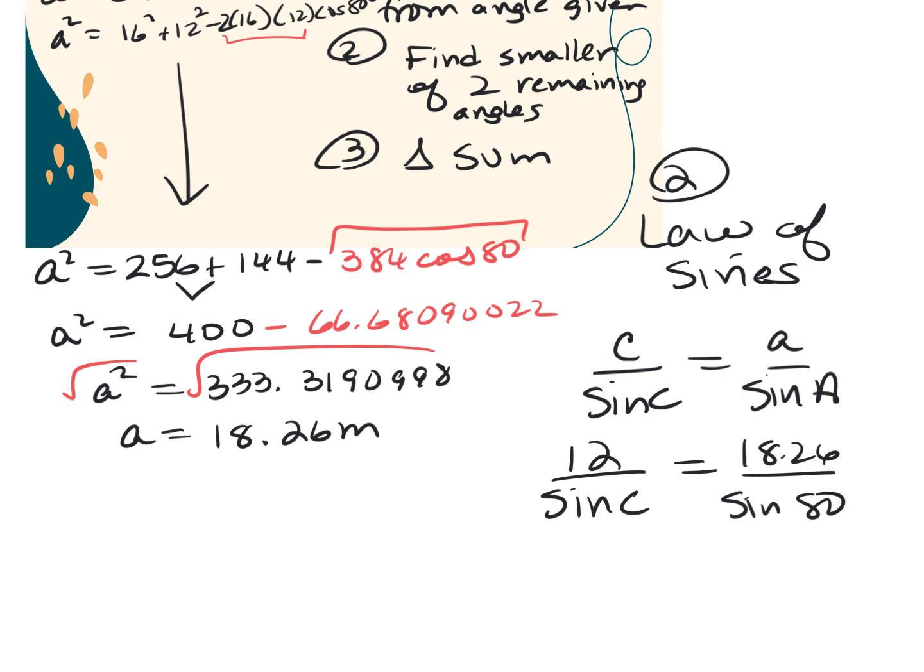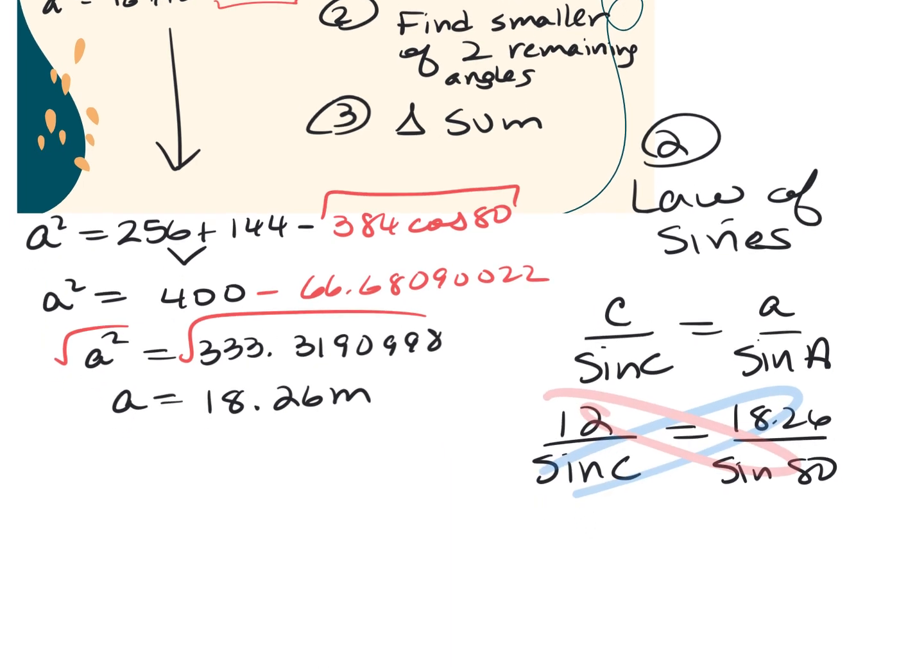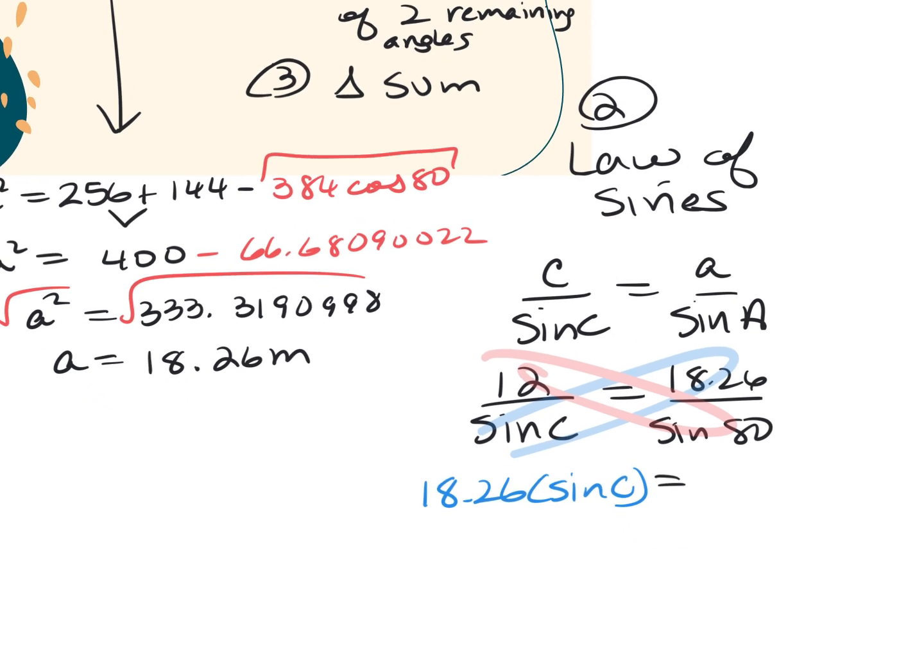We're going to cross multiply and then divide. Once I cross multiply, I get 18.26 times the sine of c is equal to 12 times the sine of 80. I'm going to divide both sides by 18.26.